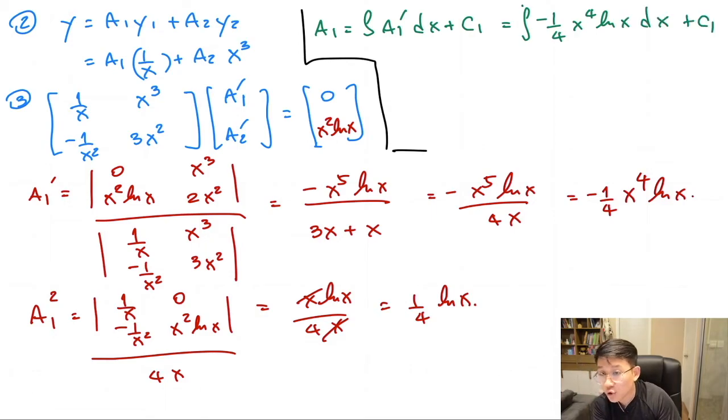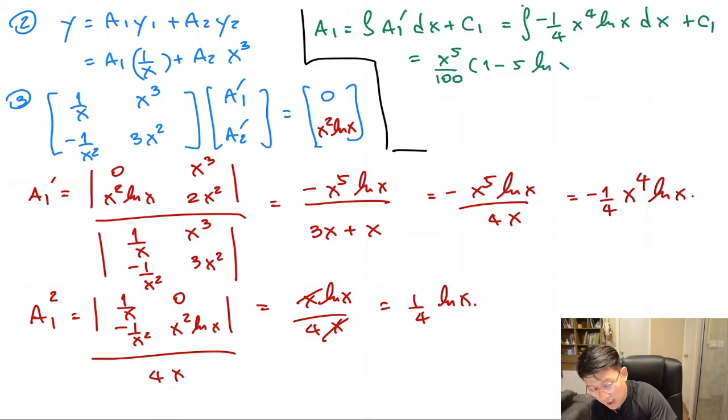Guys, I'm not gonna show you how to integrate it. Okay, I'll just give you the result. If you want to know how to integrate it, you first try it yourself, and if you can't manage, just let me know.